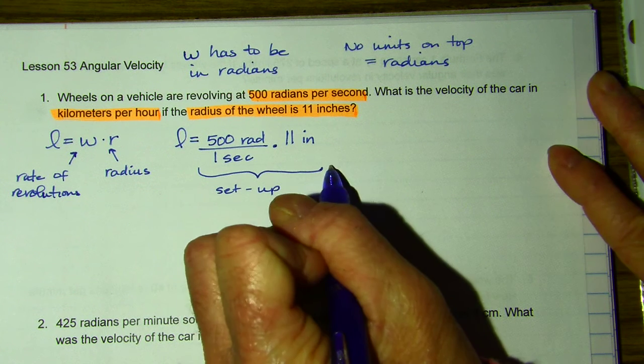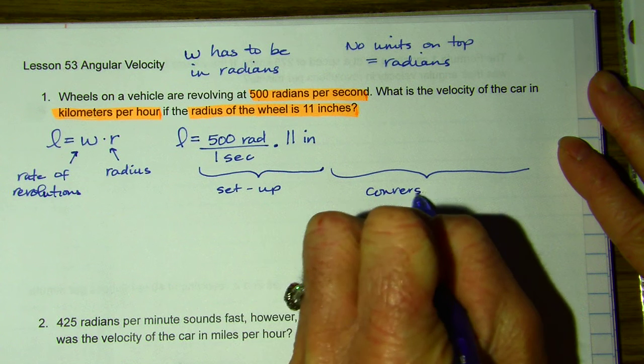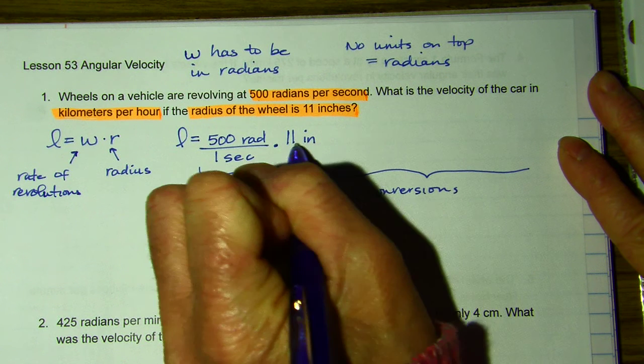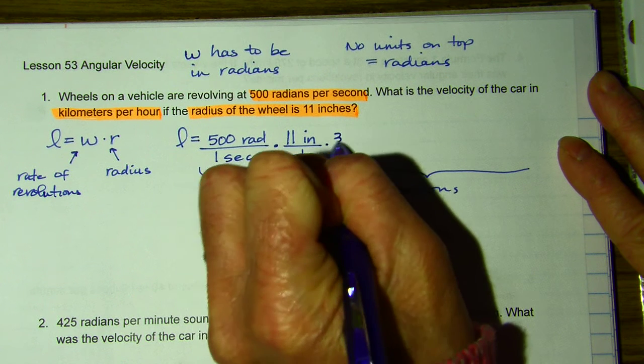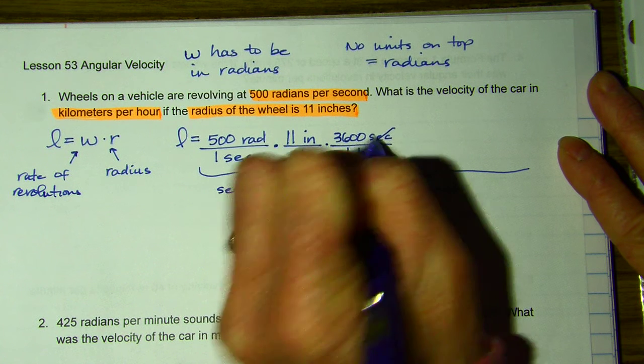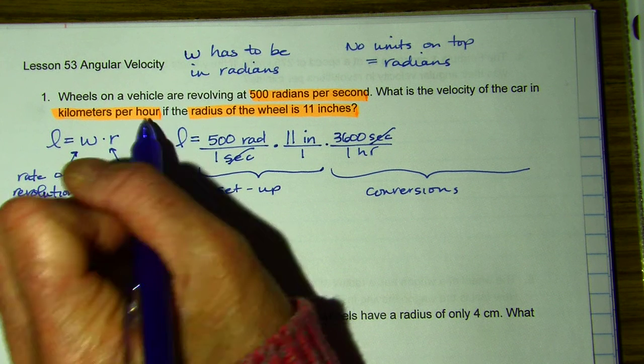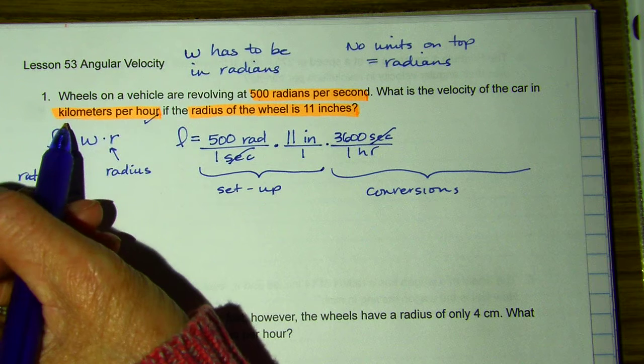Now I have to do my conversions. This is just over 1. So let's start with there are 3,600 seconds per 1 hour. So seconds is taken care of. Now I'm going to leave the radians for now. I have hours, so check. I now need to do kilometers.